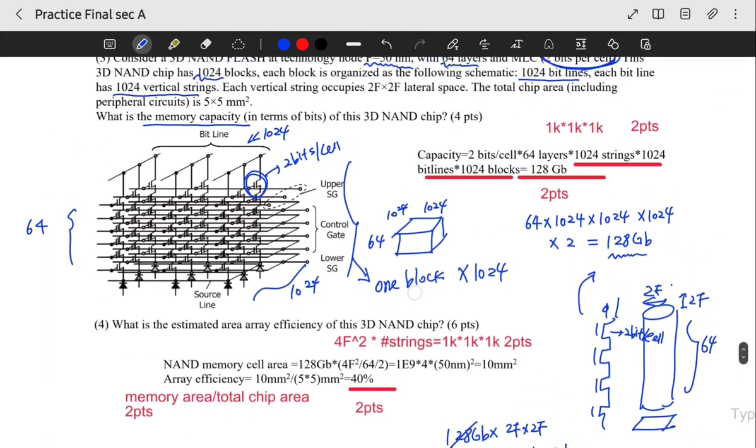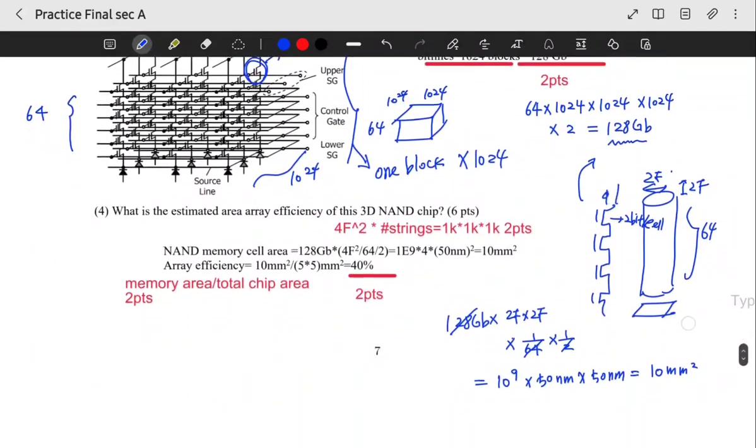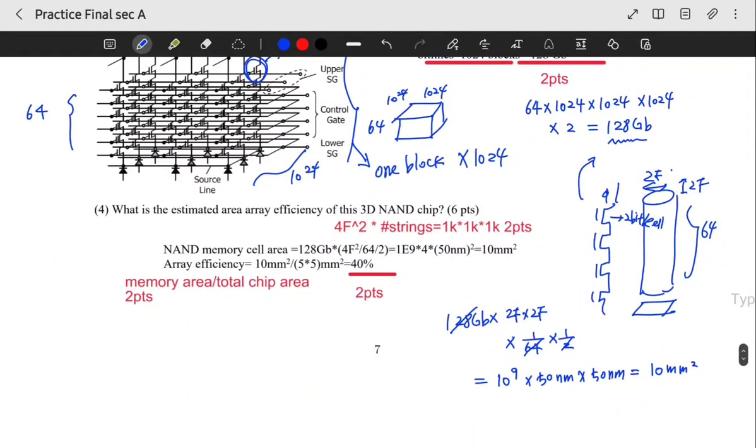And the total area is already given. The area is 25 millimeter square. So the memory area divided by total area will be 10 over 25, which is 40% of the total area. So area efficiency is 40%.